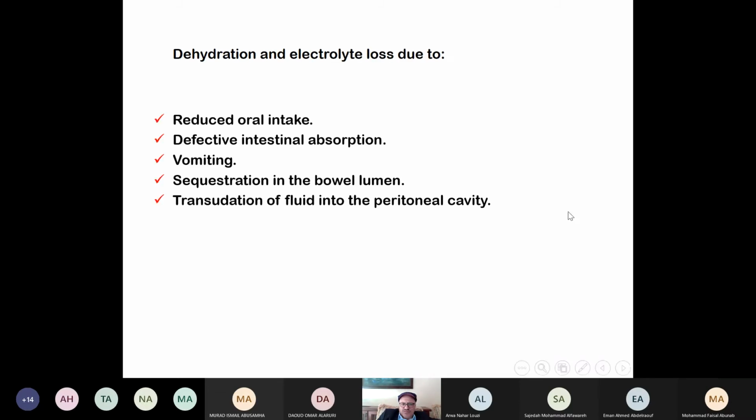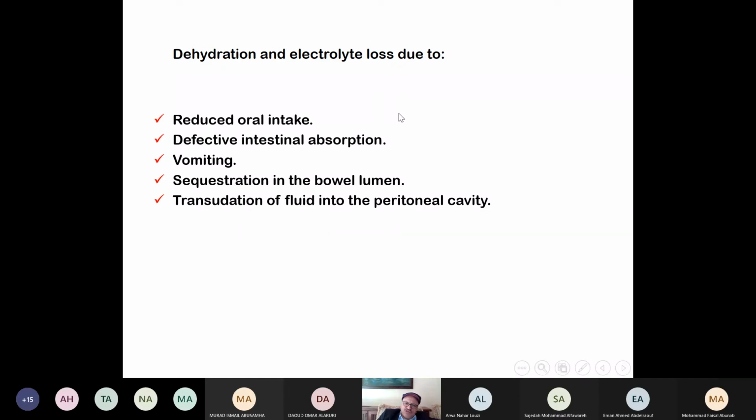Any patient who is obstructed will accumulate gas and fluids, as we have mentioned. This will raise the intraluminal pressure, and this may reach the venous pressure.